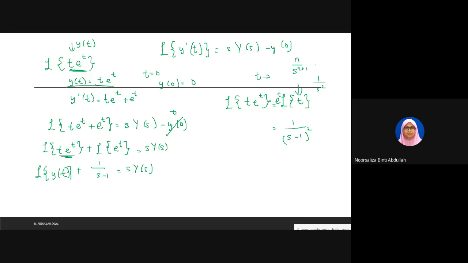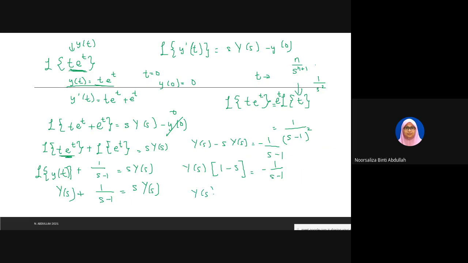So Laplace untuk y t adalah Y S plus 1 over s minus 1 equals to s Y S. Then you kumpulkan Y S ni. So Y S minus s Y S equals to minus 1 over s minus 1. So Y S (1 minus s) equals to minus 1 over s minus 1.